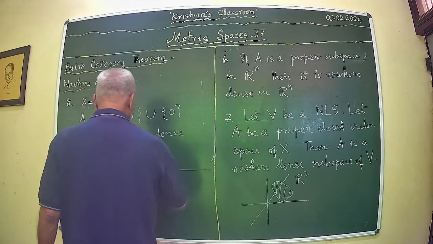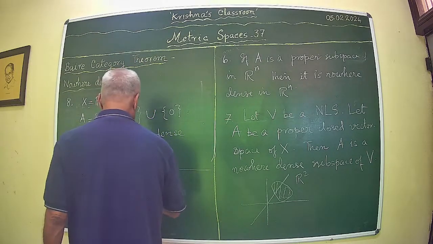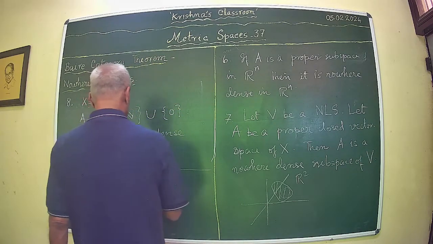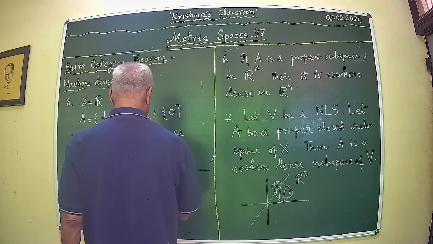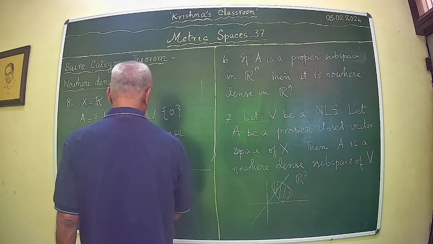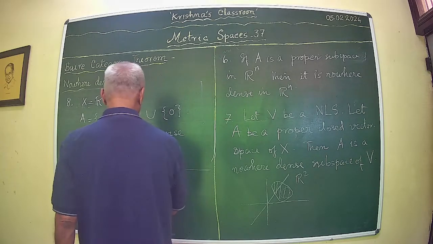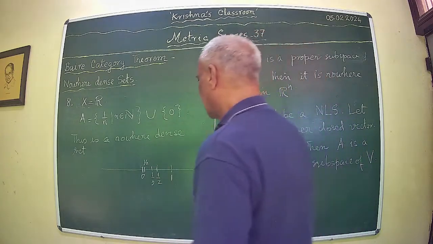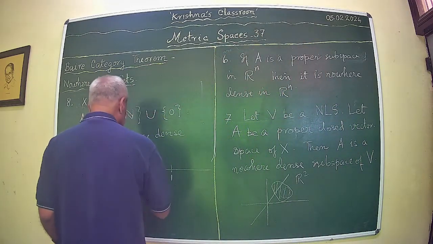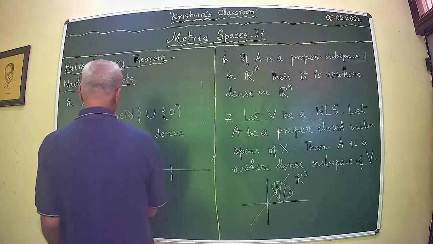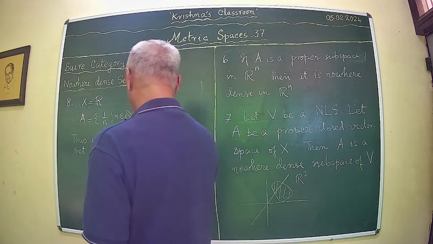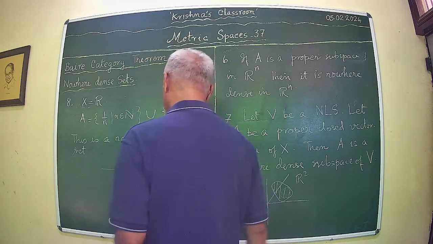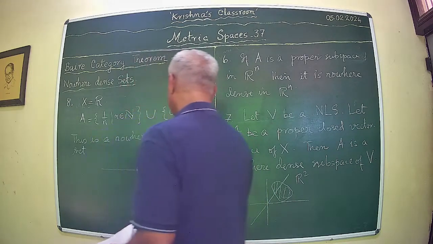See, the situation can go wrong only at the point 0, because 0 is the place where there is a crowding around of the points 1 by n. So it's 1, 1 by 2, up to 1 by n. So you have a sequence of points. Now there is enough gap between elements of this where you can have an open set in the space which contains no point from the given set.